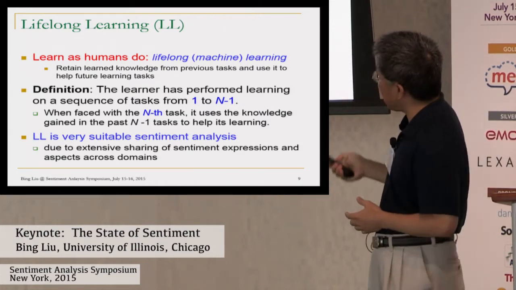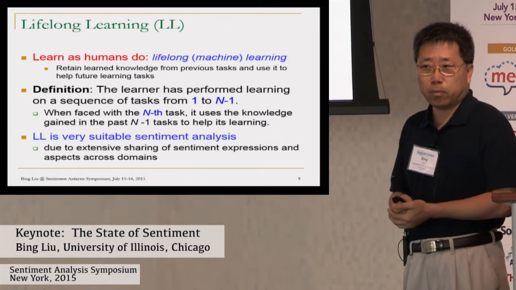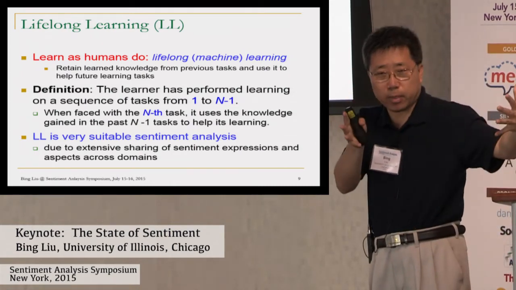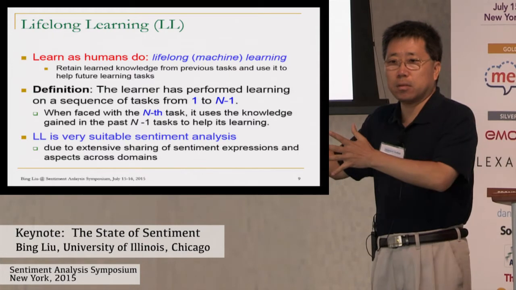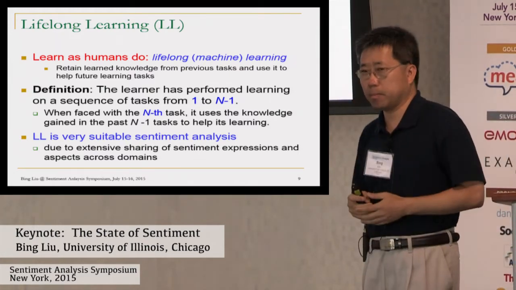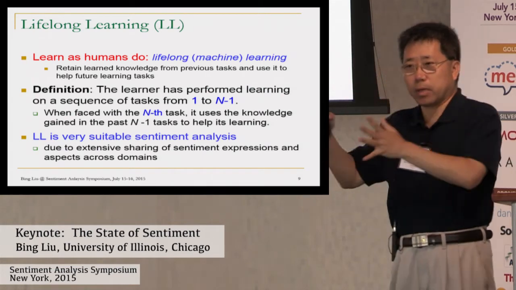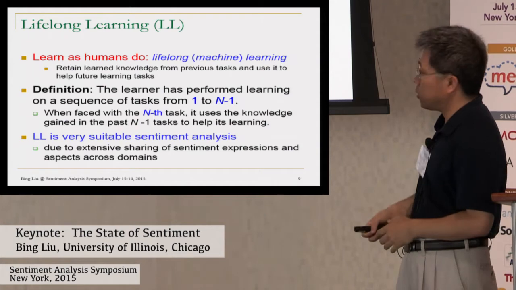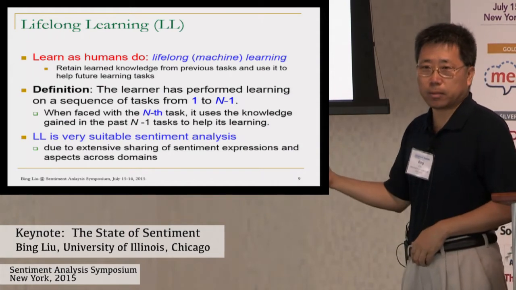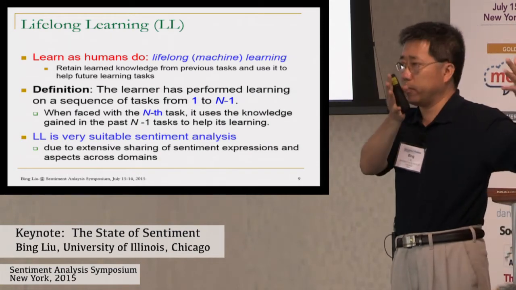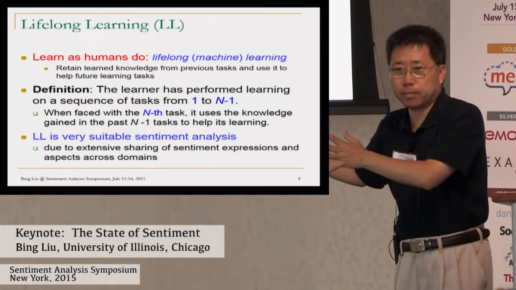But sentiment is a field which is so suitable to this, because if you think about sentiment itself, across domains, those sentiment terms and expressions can carry over. A lot of things you can carry over. And also the different product features, aspects. If you study cell phones, a lot of them are the same as for cameras.